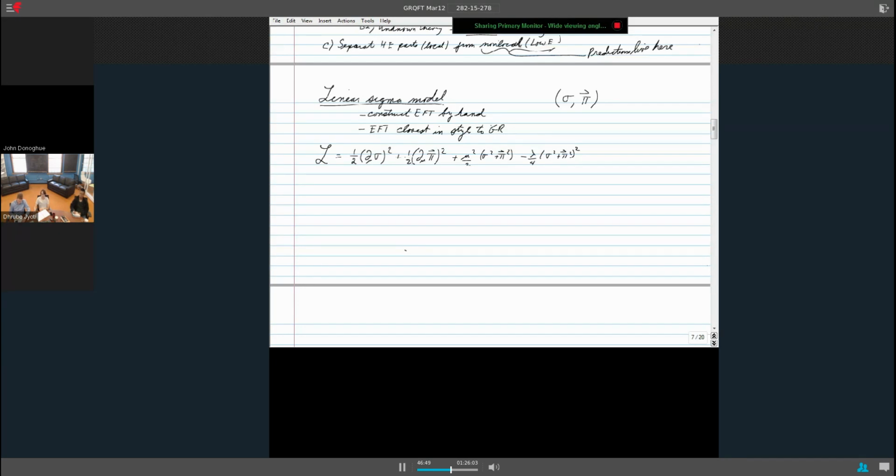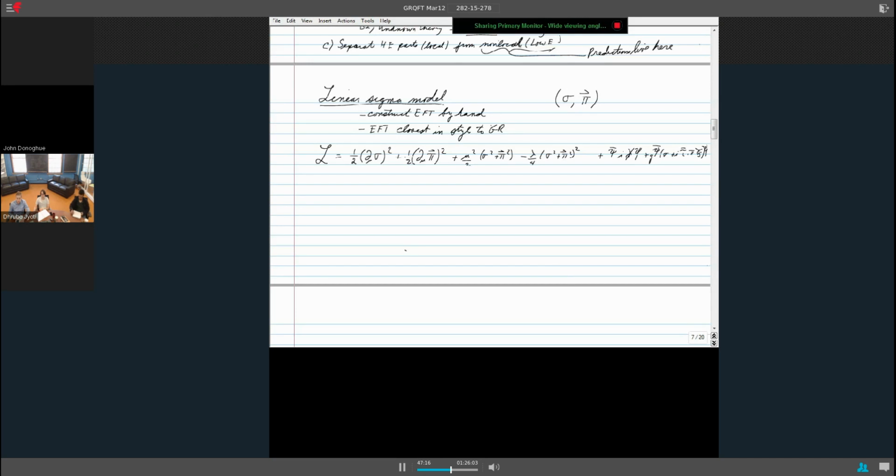Here's the Lagrangian. The Lagrangian is 1/2 (∂_μ sigma)² plus 1/2 (∂_μ pi)². So it involves a set of fields sigma and 3 pion fields, written in an invariant way, so those are squared.